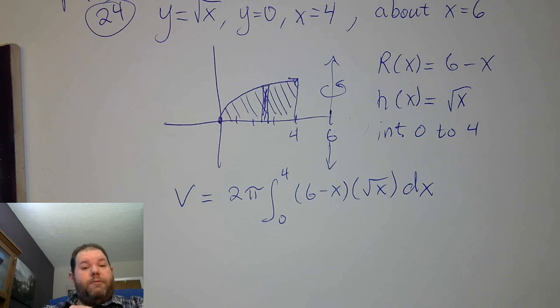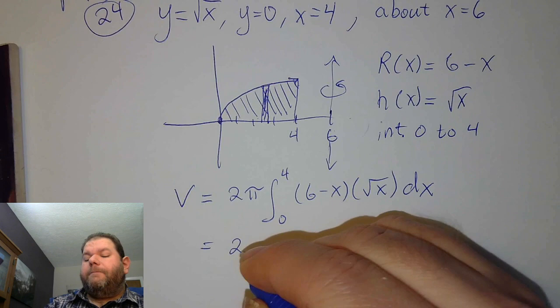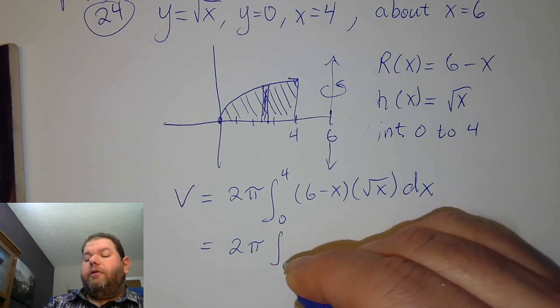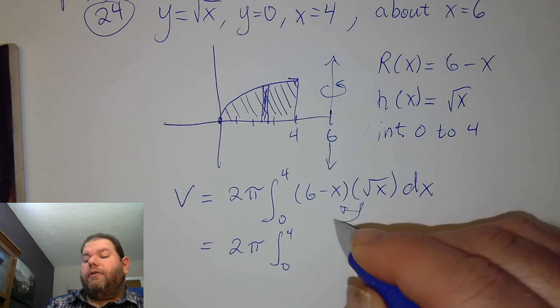This ends up being a little bit more difficult of a problem as far as the integration goes, because we had that square root of x that's present and is not being squared. It's just a square root of x, so we have to deal with it. So go ahead and distribute our square root of x.